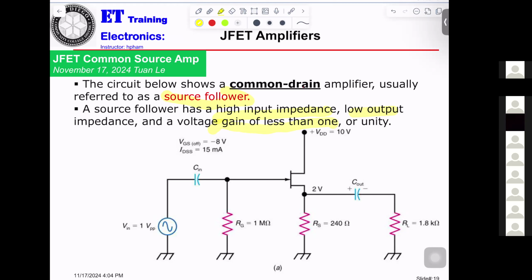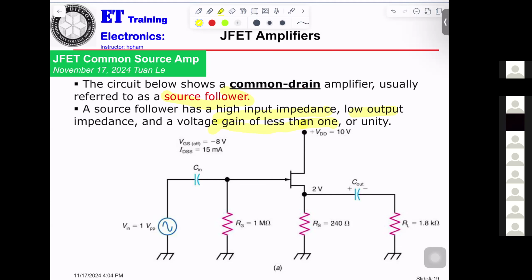Mr. Pham, you said this is unity gain? Not unity gain, but it can be unity or less, a little. Okay, unity or less, with high input impedance and low output impedance. The gain is less than 1 or unity. That's the only thing I want you to memorize.